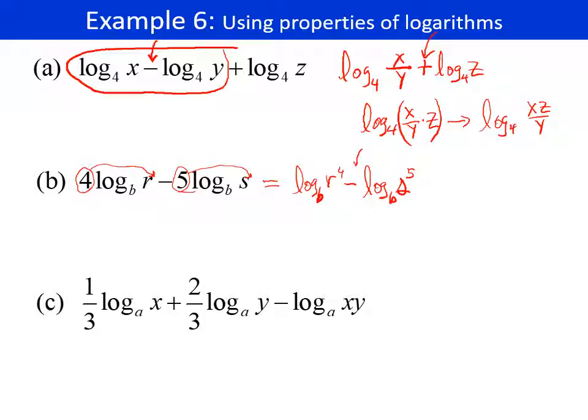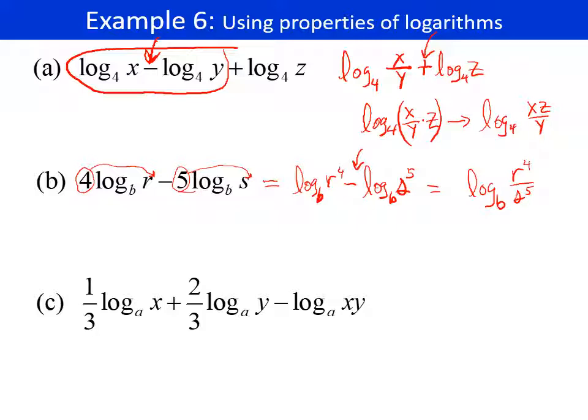And the minus, just like in the original problem, means we can write this as a single logarithm with the r to the 4 and the s to the 5 divided.